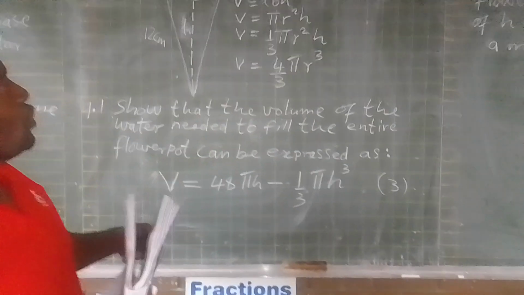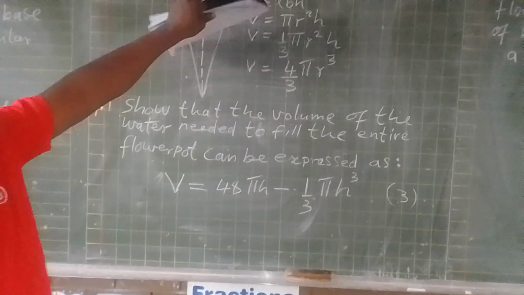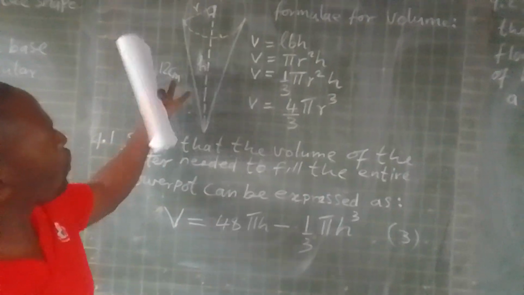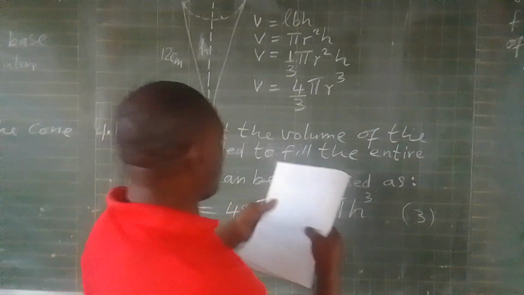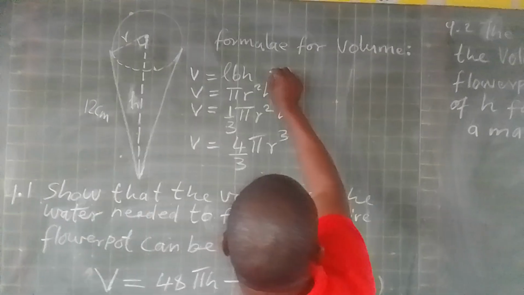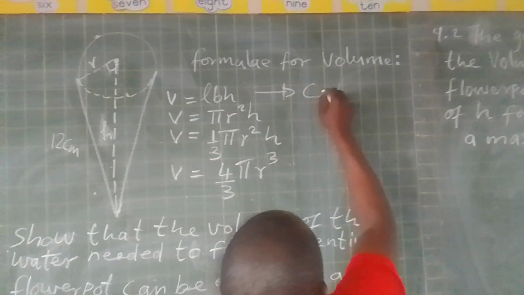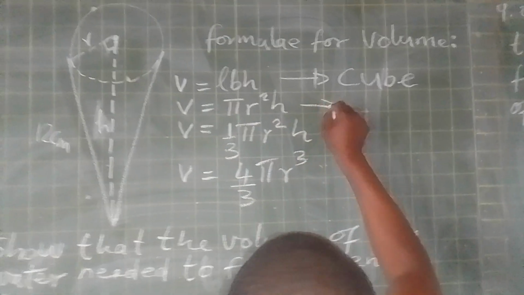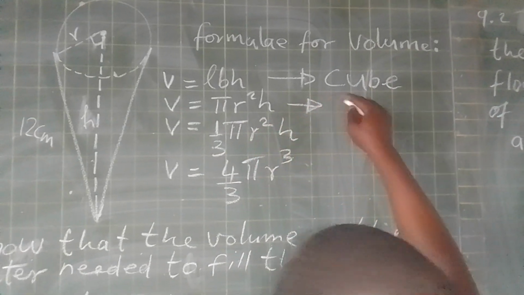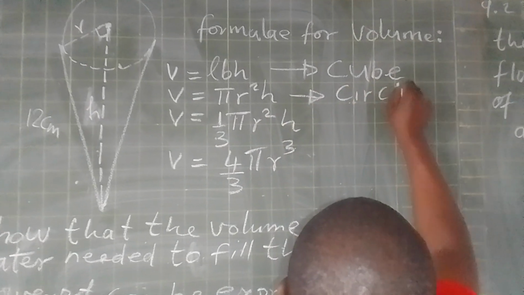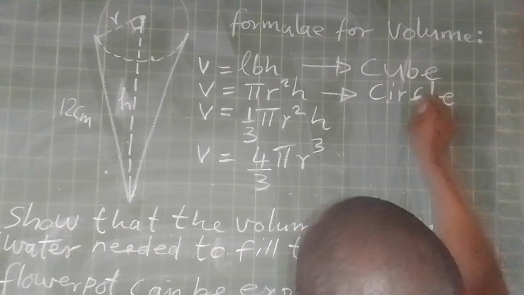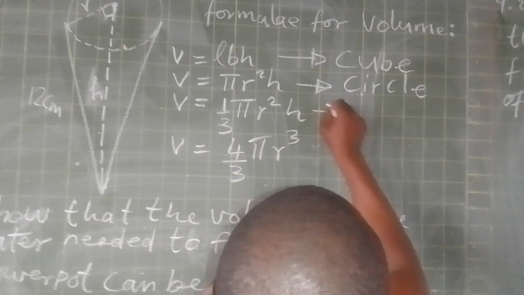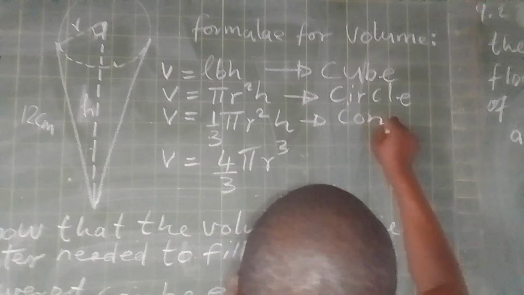So you will choose which volume you need to use. Remember, this is a cone. The first volume, remember very well, is a cube. The second one is a cylinder. The third one is a cone.